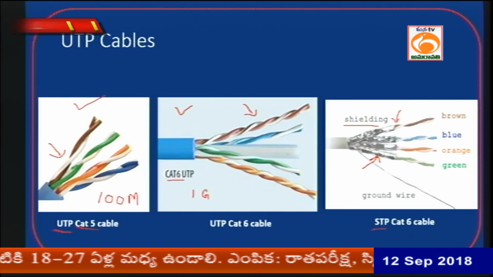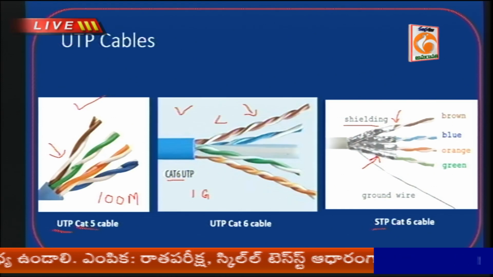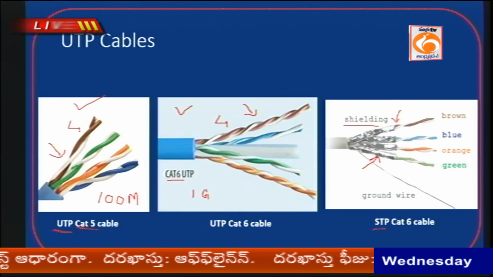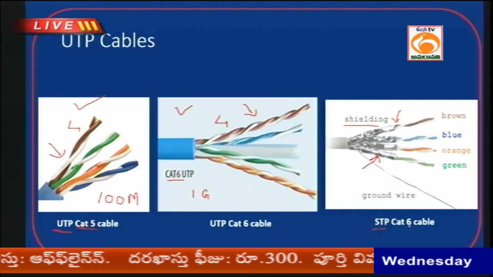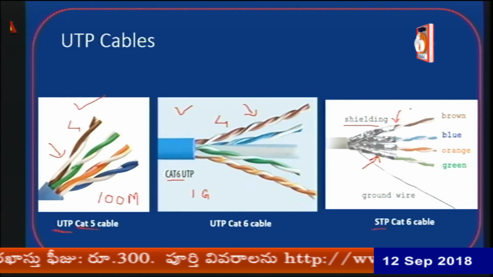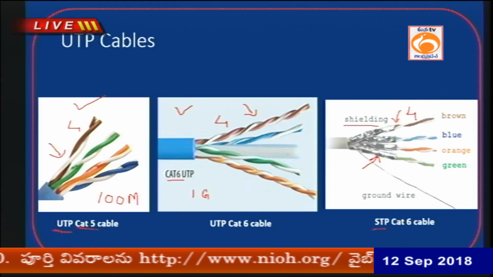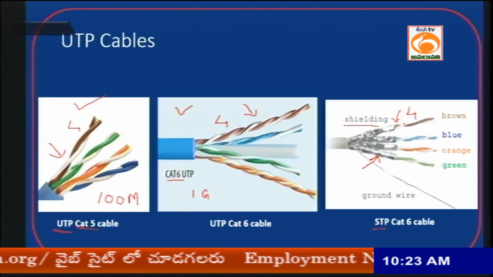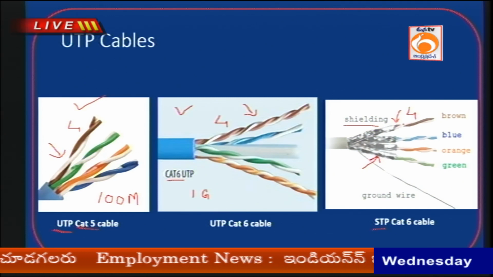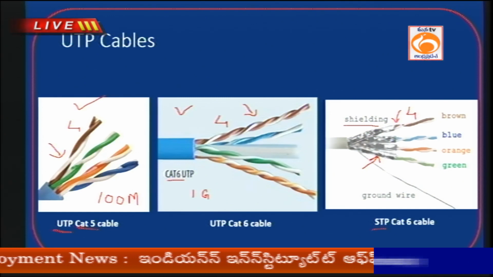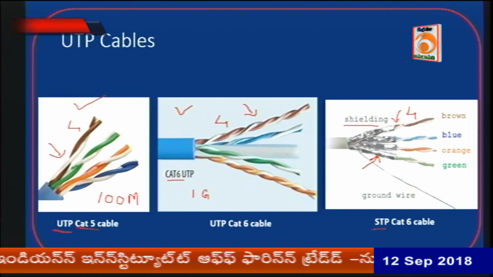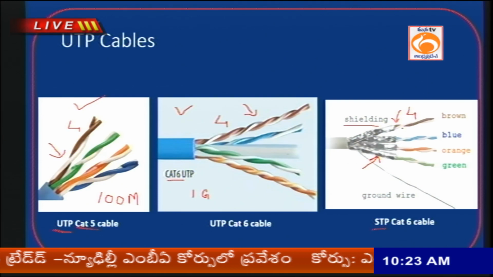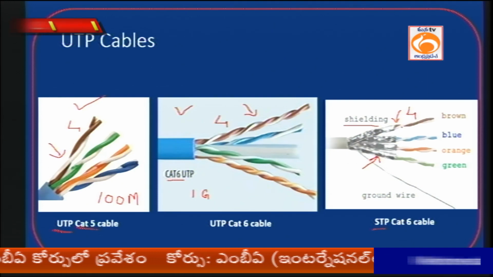Apart from this, you can see there are 4 pairs of cable in each of them, whether it is Cat 5, Cat 6, or STP Cat 6. 4 pairs of cable represent 8 wires. And remember, for data transfer, when computers, servers, and laptops are connected with this physical cable, they use only 4 wires, which means 2 pairs.